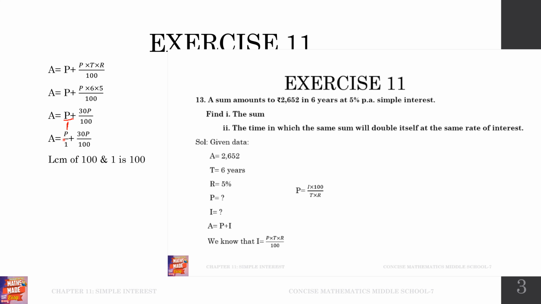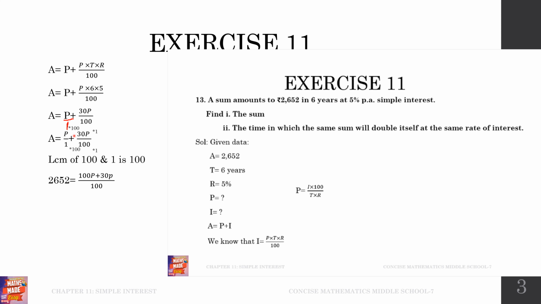Now to make this 1 as 100, you have to multiply it with 100, right? So since we are multiplying it with 100, even the numerator should be multiplied with 100. Here it is already 100, so multiply it with 1. Even the numerator should be multiplied with 1. Now when you multiply it, I'm just substituting this A value now.